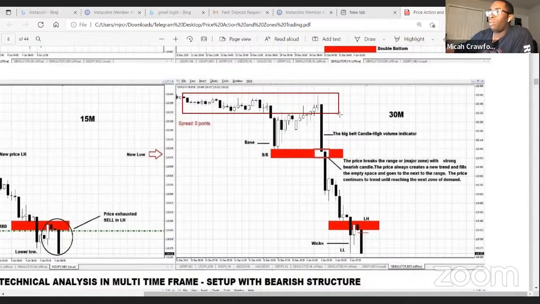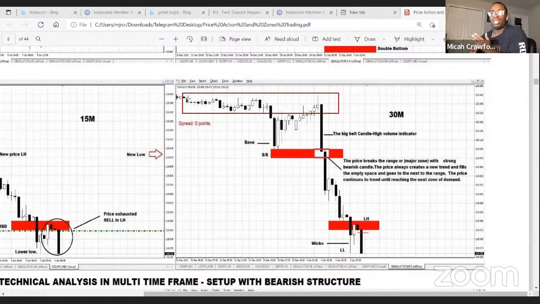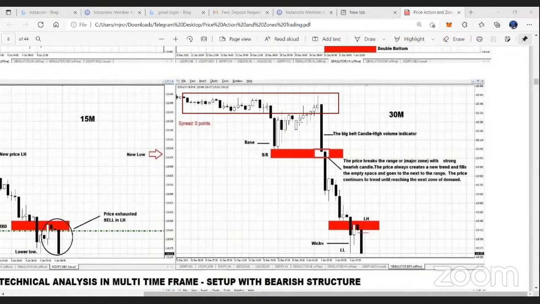Who can tell me why I boxed this up like this? What are some things that you all see in that box? Consolidation. Lord, y'all look quick. What else do we see? A break and then a pullback.